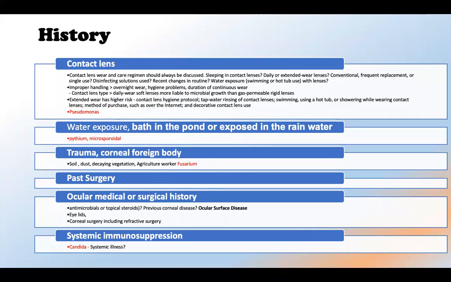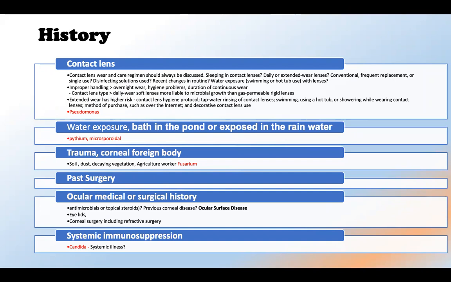Okay. So what is the workup for keratitis? First, regarding the history, we should take a careful history. Actually, bacterial keratitis or infectious keratitis can be managed clinically through history and clinical signs. Contact lens in detail. We should ask everything.